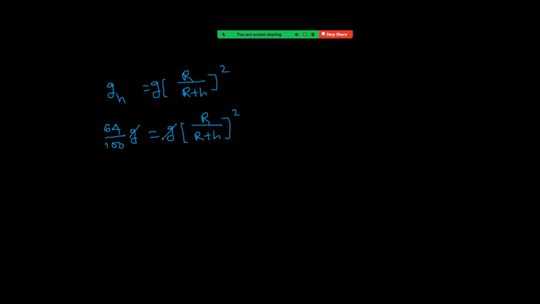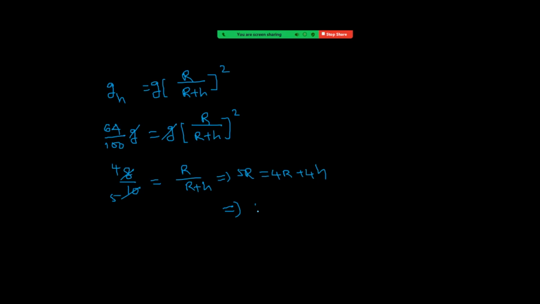g gets cancelled. Now it becomes 8 by 10, which equals R by R plus h. Or you can say it is now 4 by 5. That implies 5R equals 4R plus 4h, right?